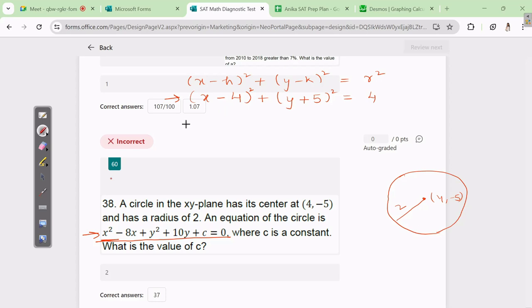Use that formula. It will be x squared minus 8x plus 16.